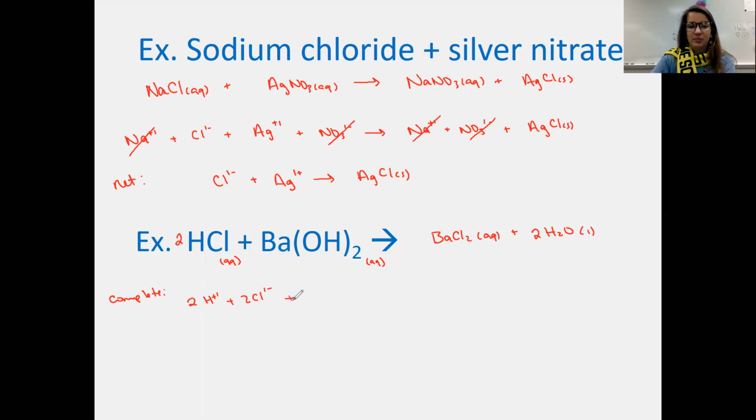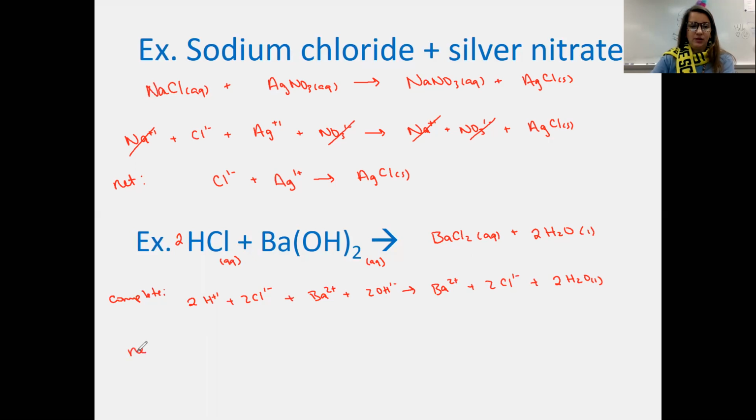When we separate this barium hydroxide, we have barium ion and we have two hydroxide ions, yielding the barium chloride is going to separate. So we have one barium ion and we have two chloride ions, okay? And then I've got two waters. That does not ionize because it's water and it's not going to separate into ions.